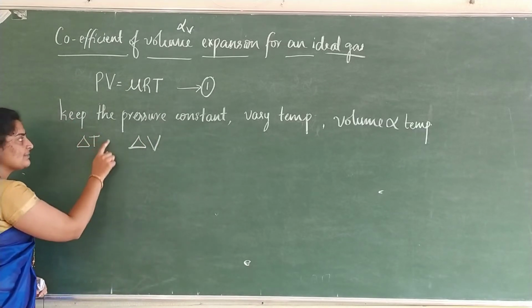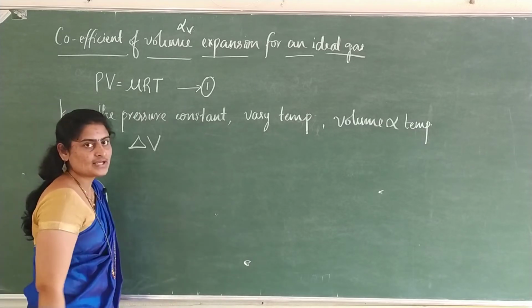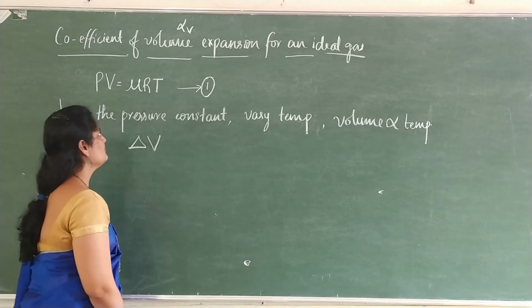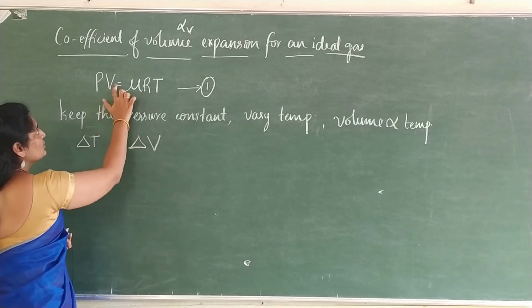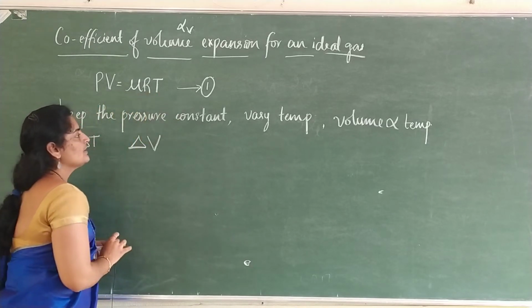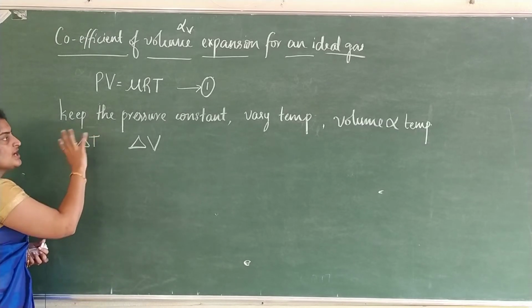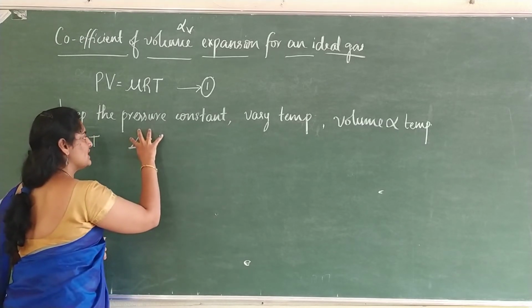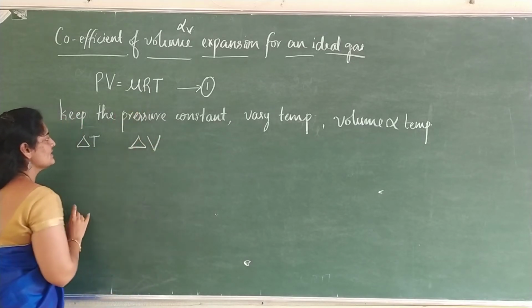Now I apply these to the perfect gas equation. We have PV is equal to mu RT. Now the temperature has changed by delta T, and the volume has changed by delta V. So writing the perfect gas equation for this case, what happens?